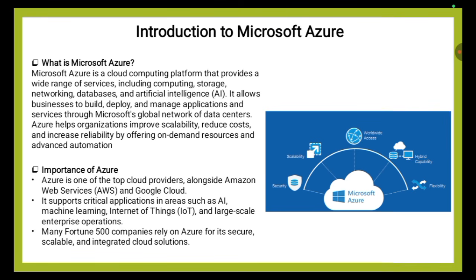The image highlights key benefits of Azure: scalability for adjusting resources based on demand, security for protecting data and applications, worldwide access for global reach, hybrid capability for connecting on-premises and cloud resources, and flexibility for adapting to different business needs. These features make Azure a versatile and reliable cloud solution for modern enterprises. So this can be said as per the details mentioned over here. Now let us move to the next part.